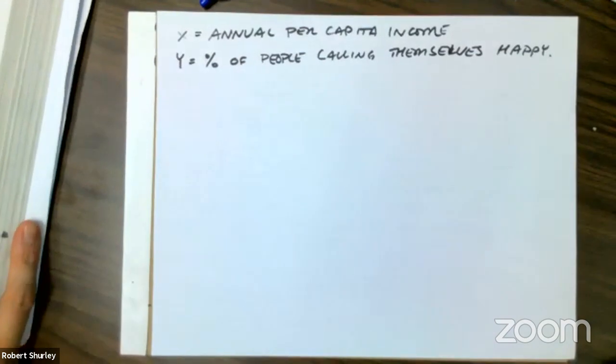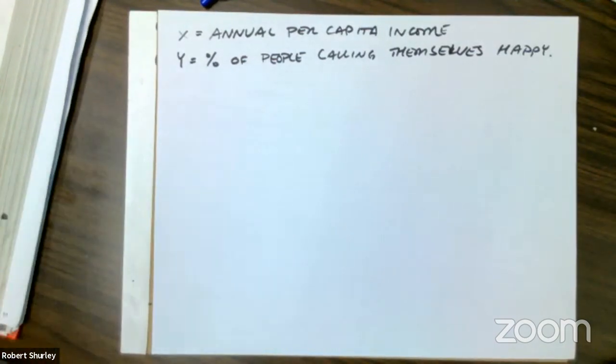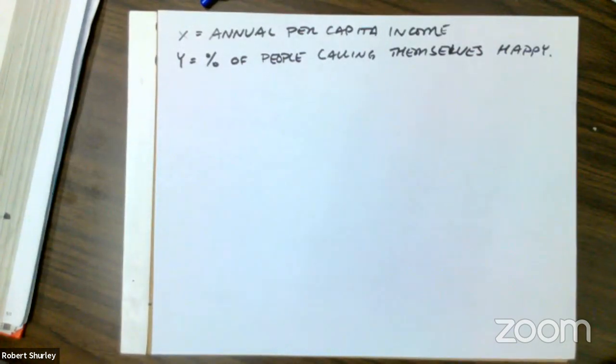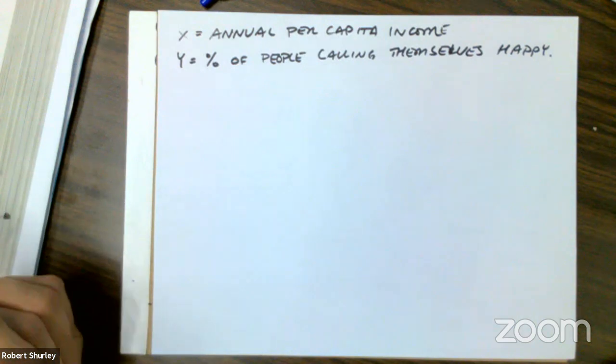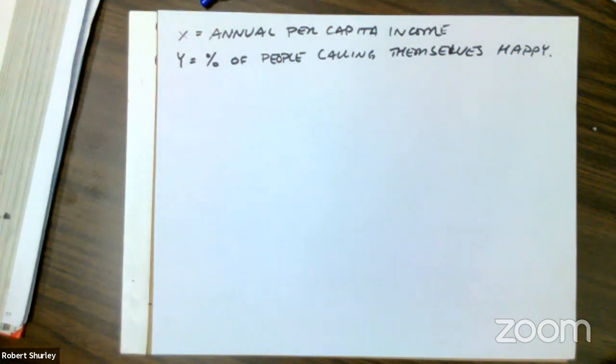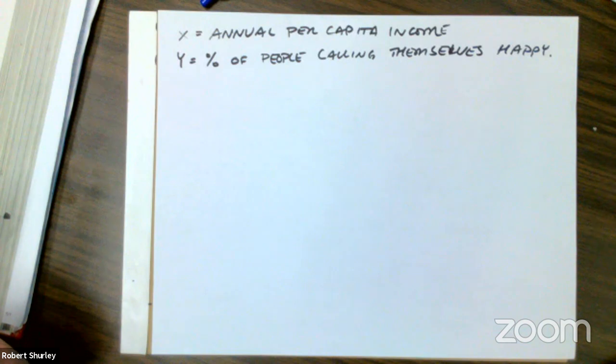Okay, there we go. So you really need to see this on the graph to grasp it. But the question says, just as money doesn't buy happiness for individuals, the two don't necessarily go together for countries either. However, the scatter plot does show a relationship between a country's annual per capita income and the percentage of people in that country who call themselves happy.